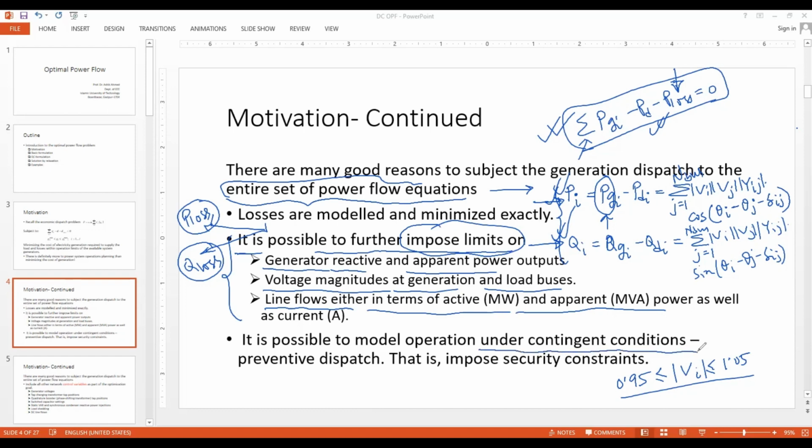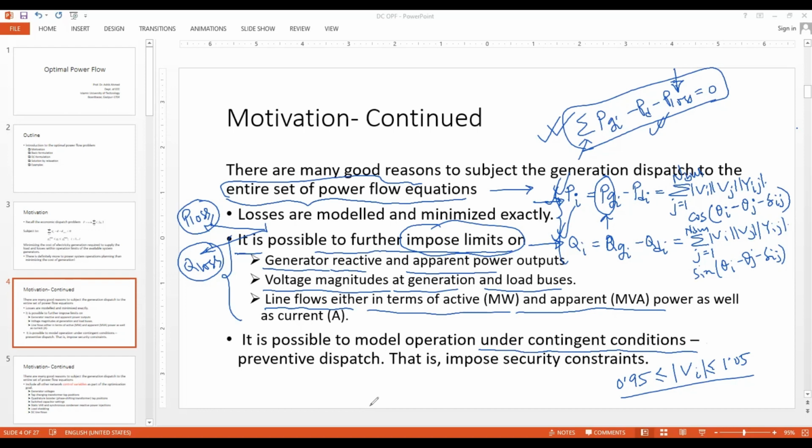By contingency, I mean when there is any kind of fault, or due to the fault, we have lost a certain number of generating units, a certain number of transmission lines are out of order, or those are being operated by the circuit breaker, so they are not in operation. So these are the contingency conditions.